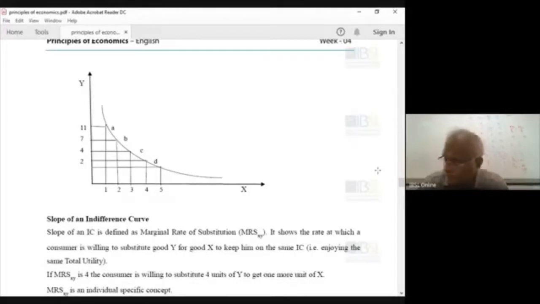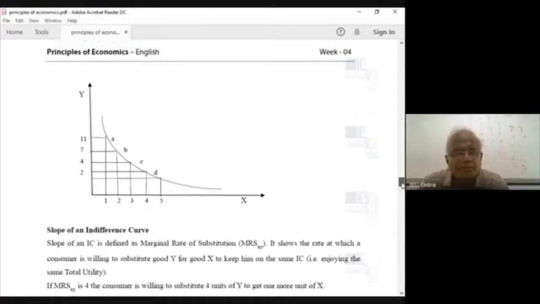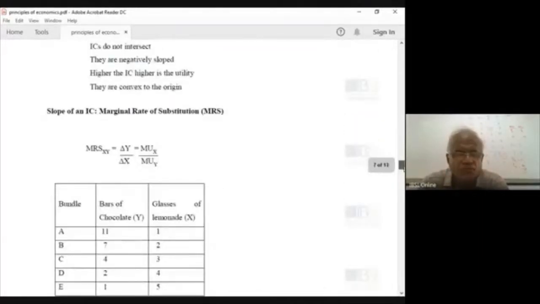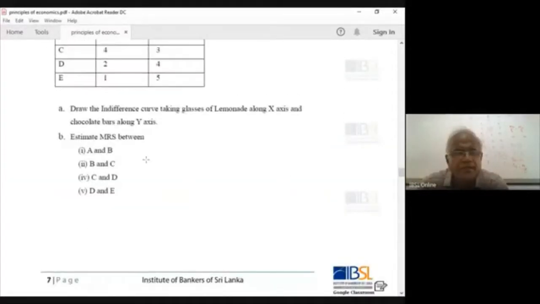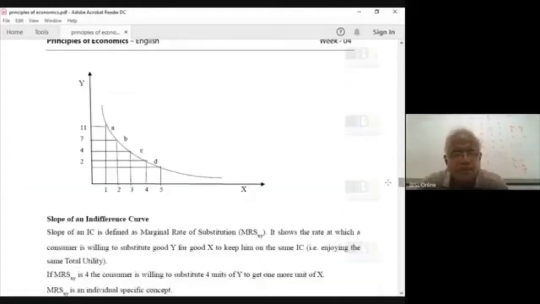Change in Y divided by change in X, delta Y over delta X. Between A and B, the MRS is 4: 11 minus 7 divided by 2 minus 1.